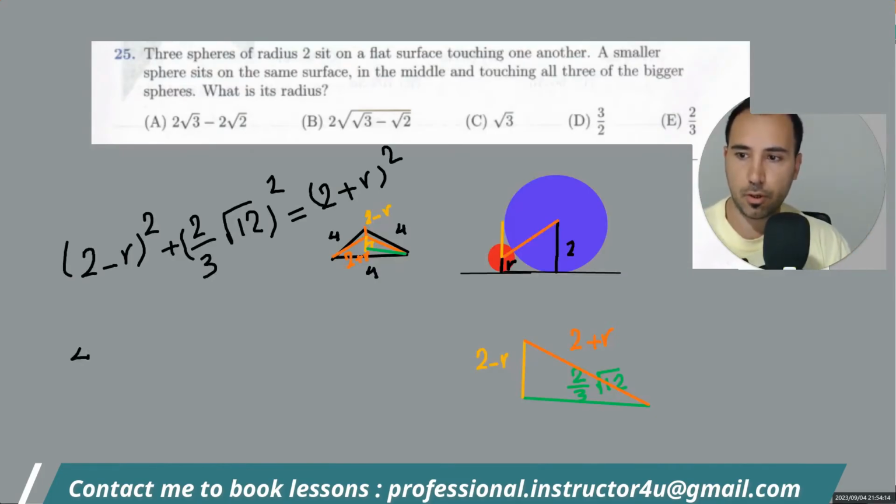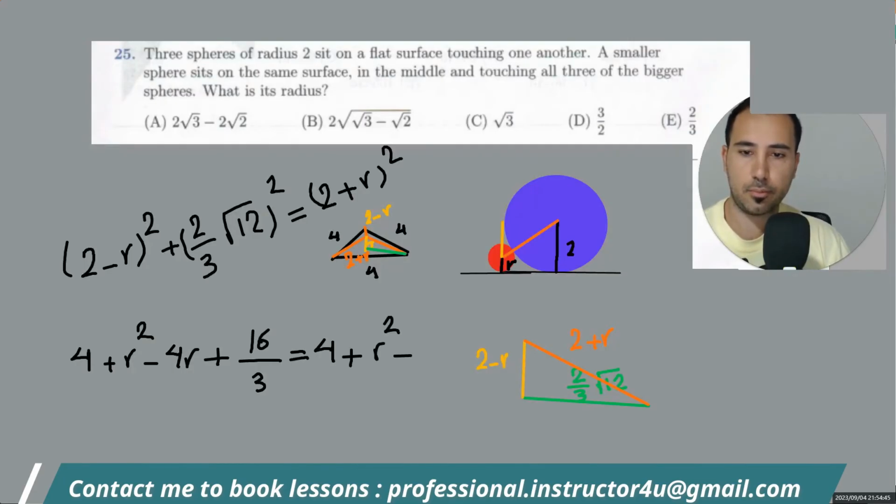It will be 4 minus 4r plus r squared, plus 4/9 of 12. So this will be 3, this would be 4, it would be 16 over 3, is equal to, now this one, 4 plus 4r plus r squared.